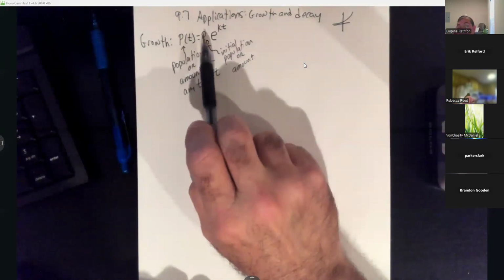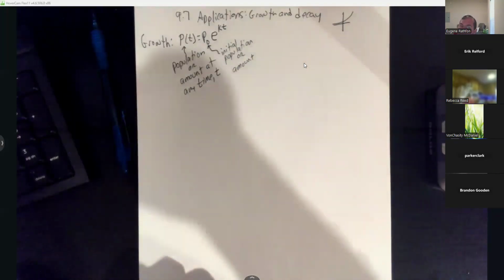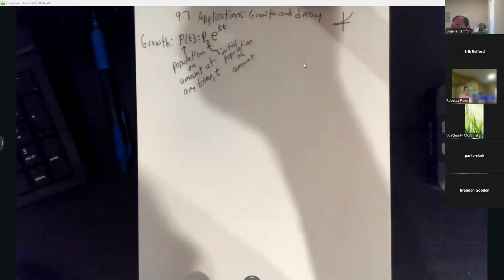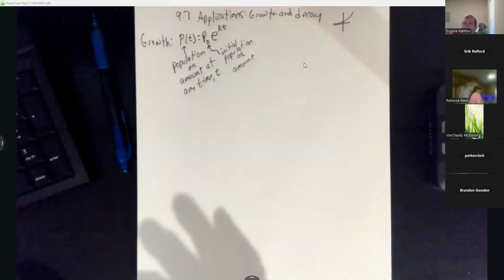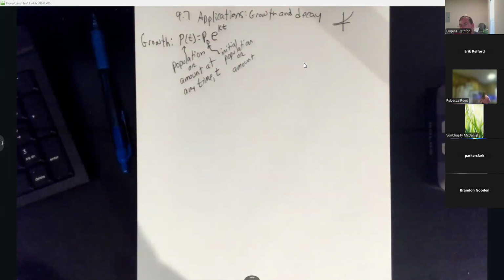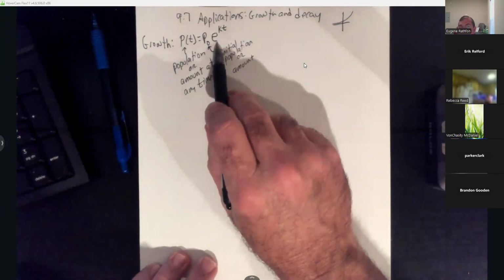Now, I would use this formula in my investments if I had continuous compounding. Now remember, if I had, say, semi-annual, quarterly, and stuff like that, that would be those formulas we used in 9.3, okay?